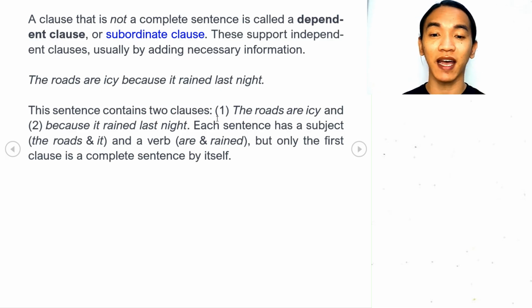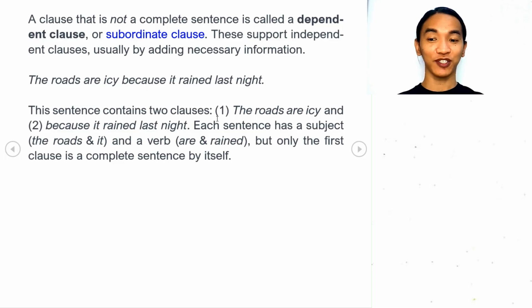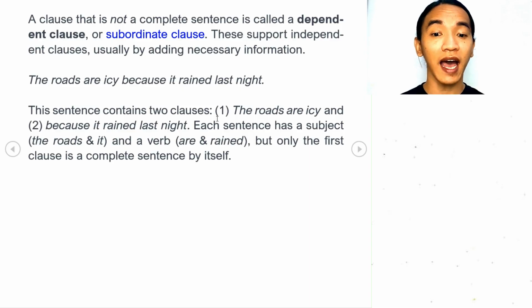At the same time, dependent clauses add necessary information to your independent clauses. Example here: the roads are icy because it rained last night. This sentence contains two clauses. The first one is the roads are icy, which is your independent clause. The second clause is because it rained last night. So it rained last night is your dependent clause.